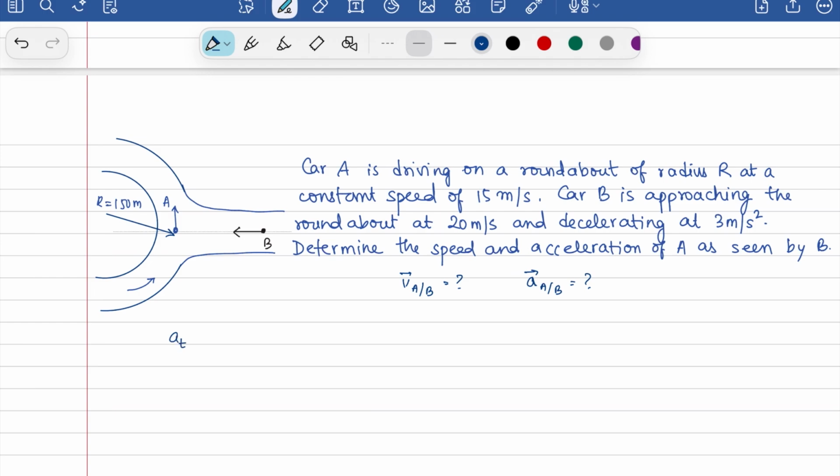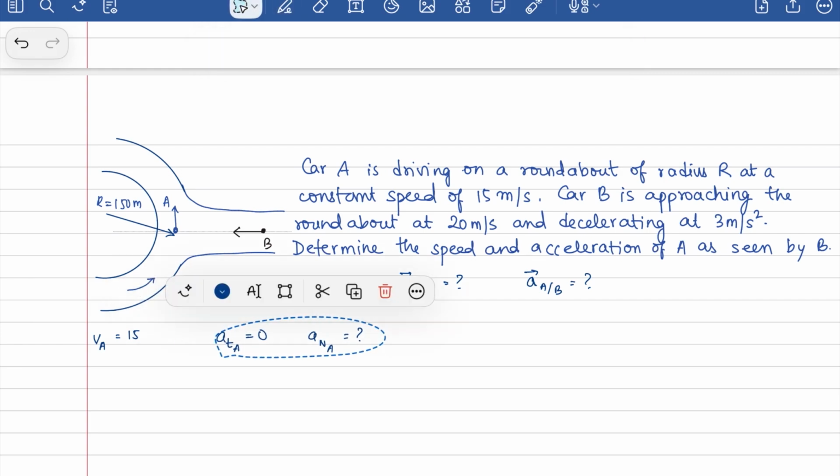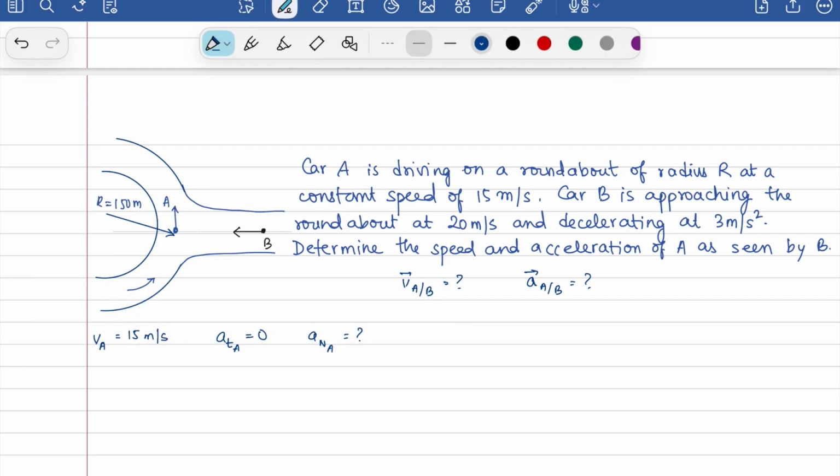So the first thing is that because it is at constant speed, A tangential is equal to 0. I guess I should put that this is for car A. A normal for car A is unknown. The speed of A is 15 meters per second.